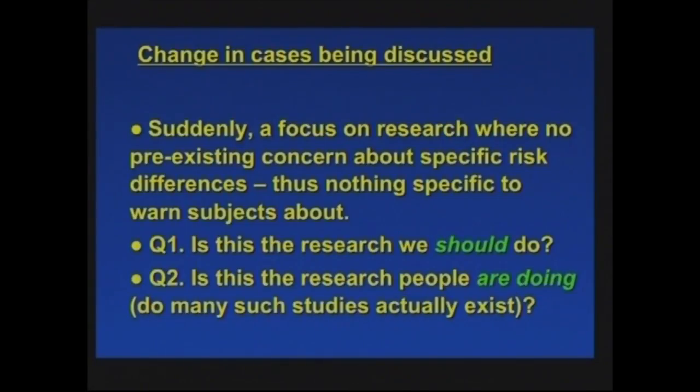Instead of starting out with studies where you had specific risks that you're talking about, we now seem to be having a conversation, particularly with people who are pushing back on the issues raised about SUPPORT. They're sort of saying, let's think about these studies where we actually don't have anything specific to worry about. Let's think about studies where we have no pre-existing information to pick among one or the other.